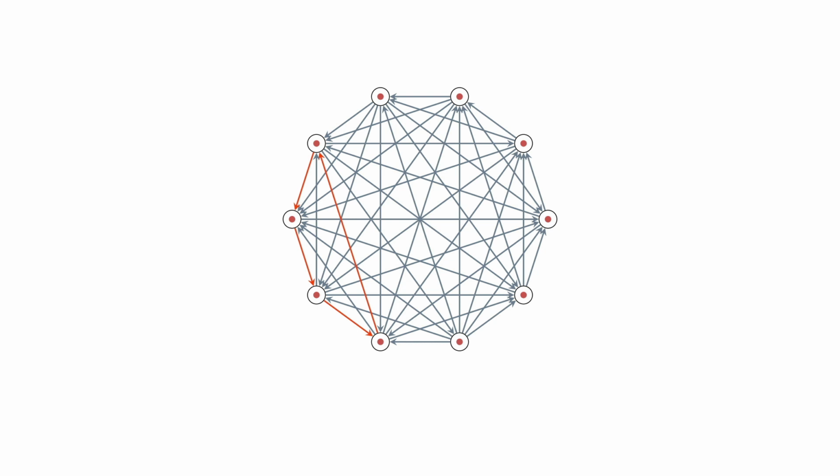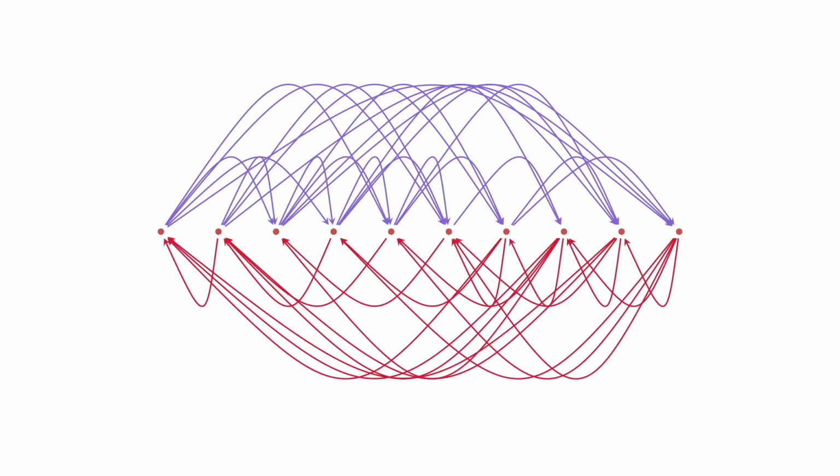So that would be a cycle, and what we are typically interested in is the problem of getting rid of these cycles. Now, in general, if you have a tournament that does have at least one cycle, then no matter how you order its vertices and lay them out on a sequence, you will have edges that go in both directions. So the purple edges are what we will call the forward edges, and the red edges are what we call the back edges.